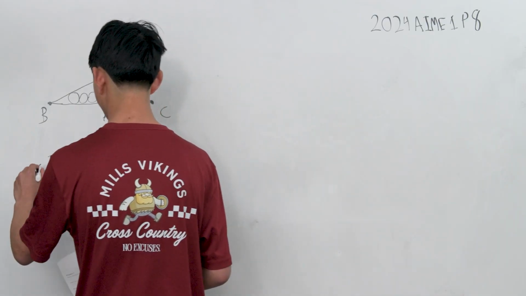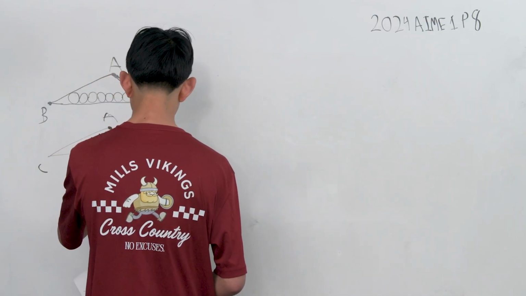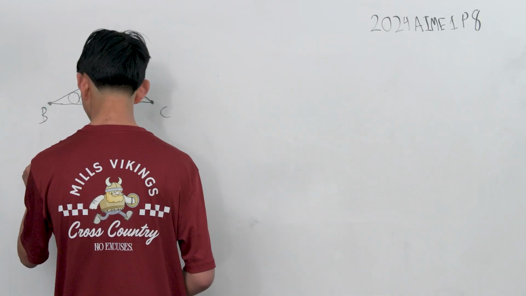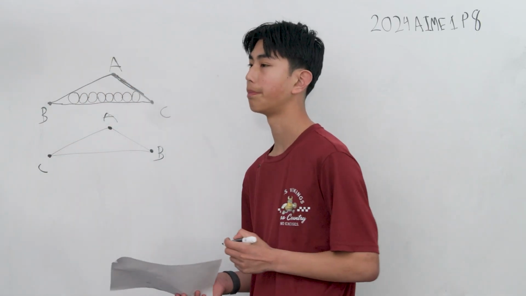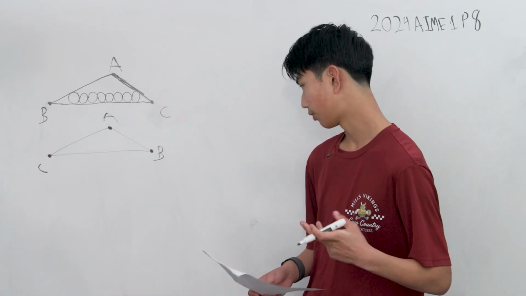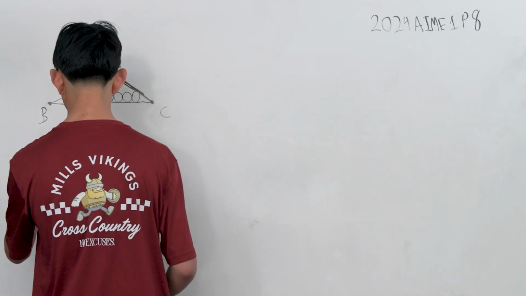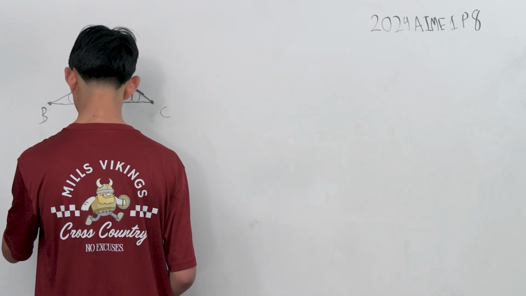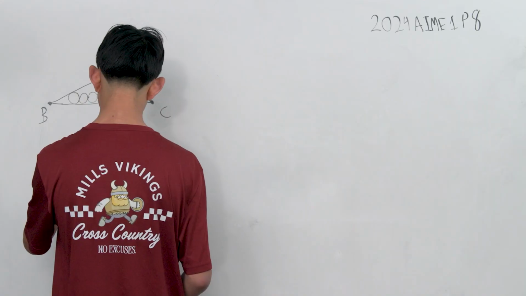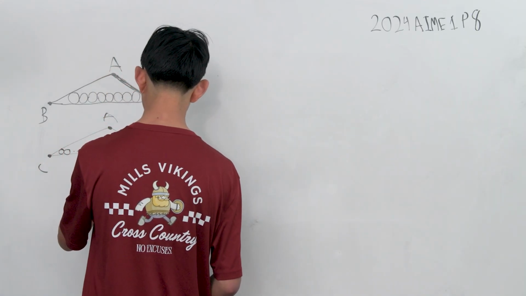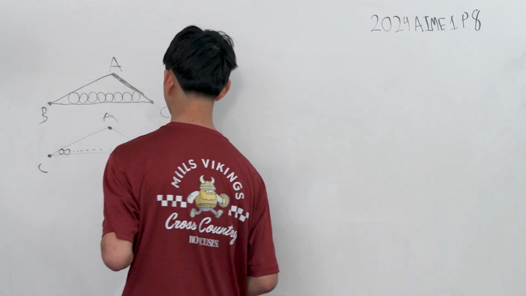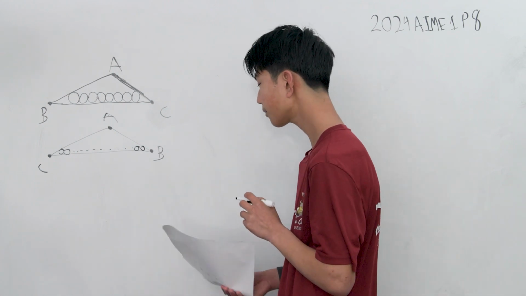Second case, where the triangle is made up of 2024 radius 1 circles. So if we go like this, I'm just gonna put a dotted line here, but it's gonna be tangent, something like that.